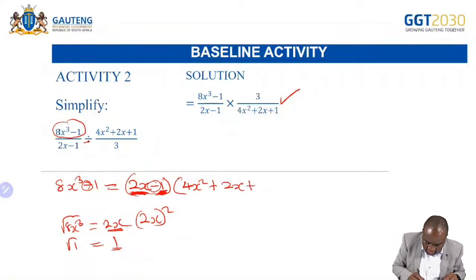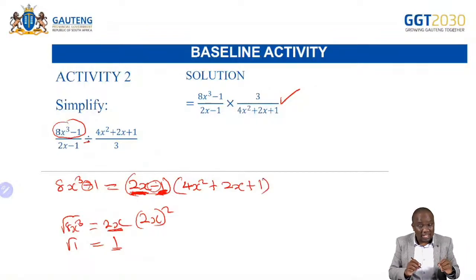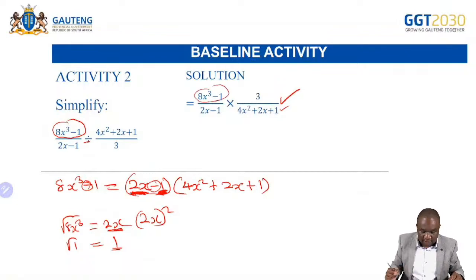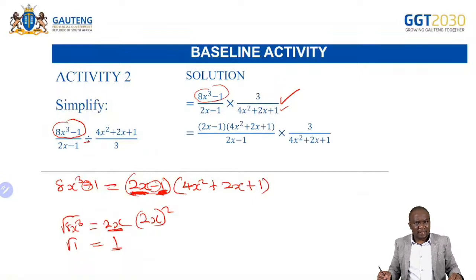And then we square the last term, we square the 1. 1 squared is 1. You see that? We have factorized: 2x minus 1, first bracket, and then 4x squared plus 2x plus 1. Interesting. Let's replace this with the factors. We have that. Okay, what can we do from here?